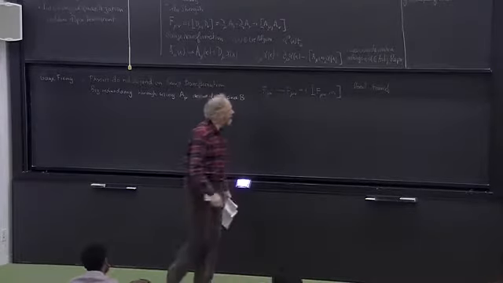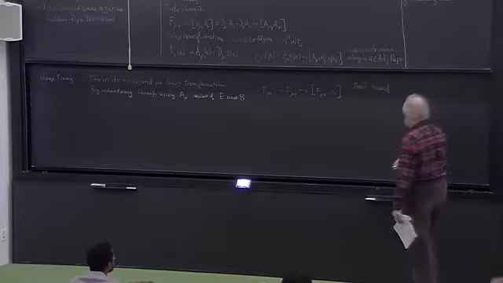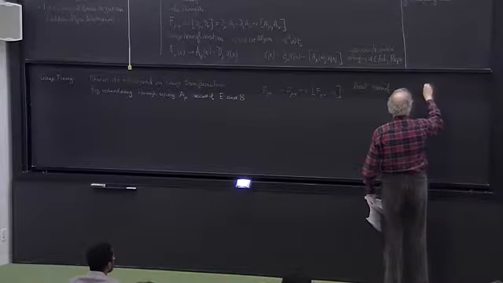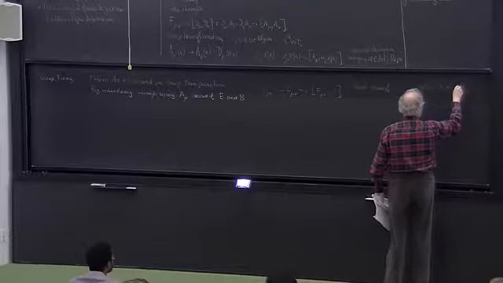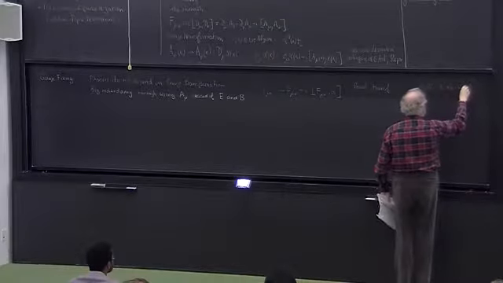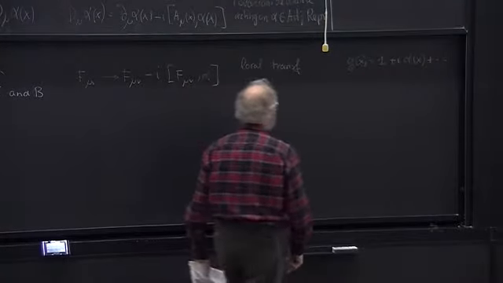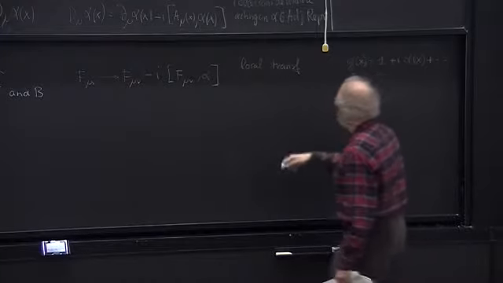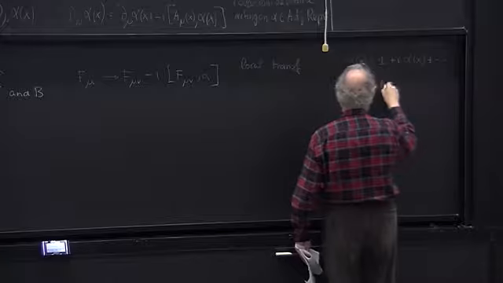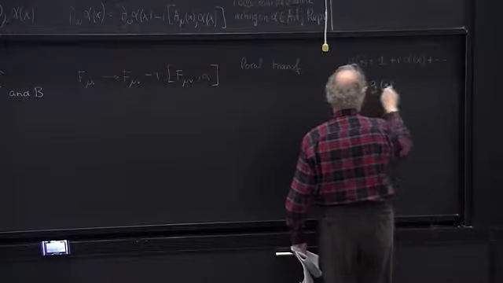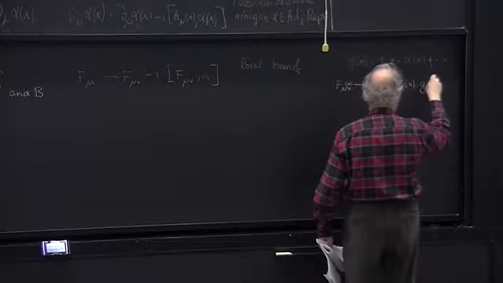Remember, alpha just labels an infinitesimal gauge transformation. If you define G of x to be the identity matrix plus i alpha of x plus some higher order, so this is an element of the group, then F mu nu transforms as G of x times F mu nu of x times G minus 1 of x.